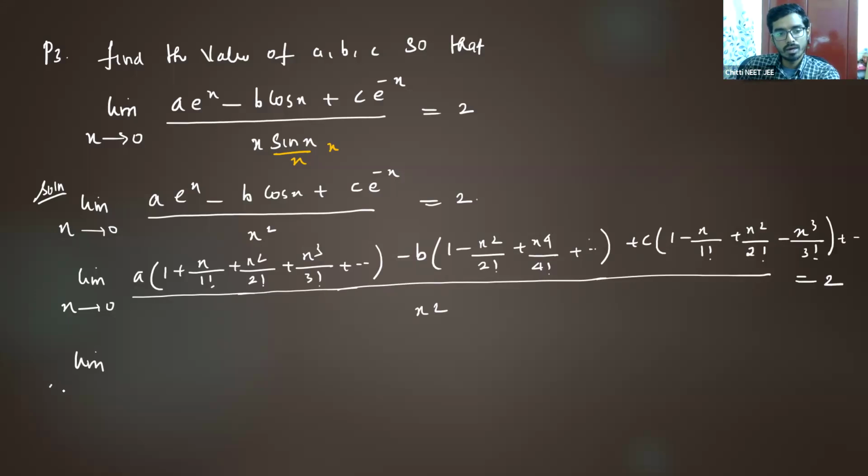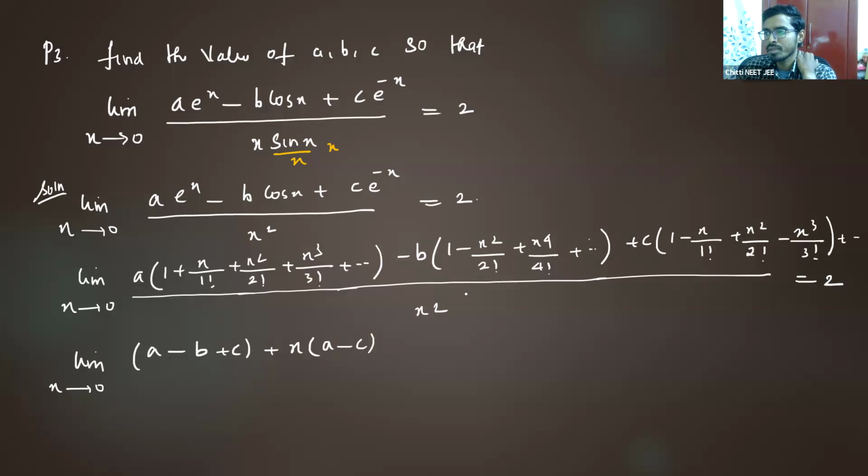Now you collect all the constant terms. Here you will have a, and here minus b, and here plus c. Now you collect all the x terms. Here you will have a, here there is no x term, here the x term is minus c.